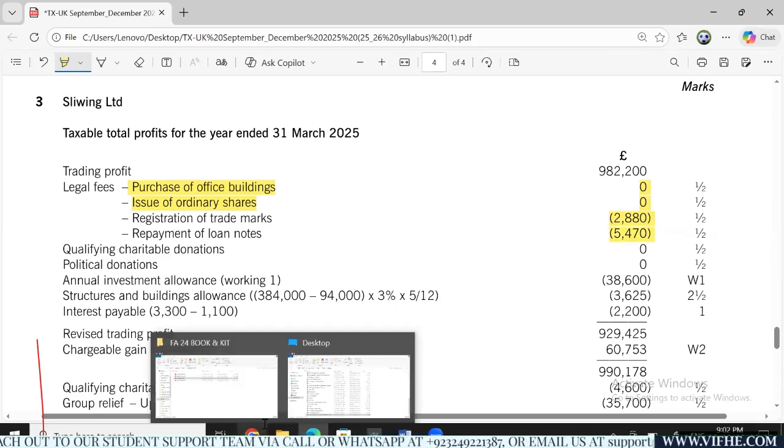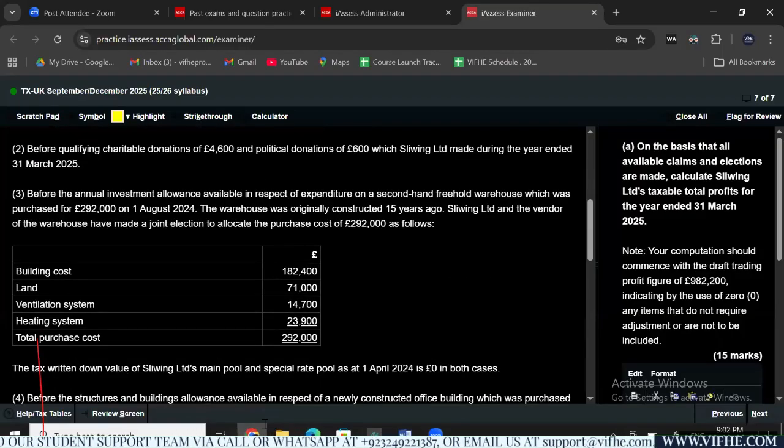Then the next thing is that before qualifying charitable donations of £4600 and political donations of £600 which Sliving Limited made during the year ended 31st of March 2025. See, political donations are disallowed. They should not be deducted. And qualifying charitable donations are deductible, but they are not deductible against the trading profit alone.